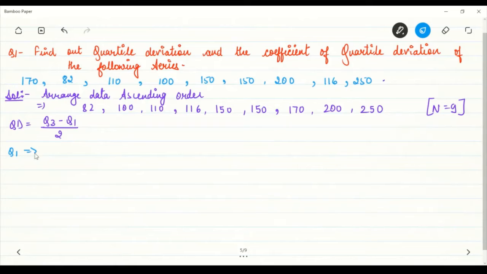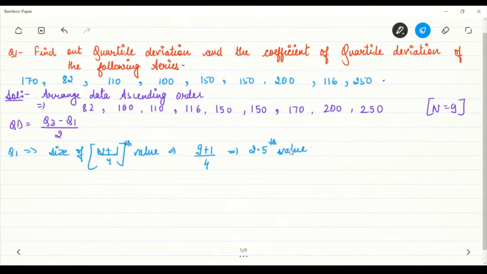It is the size of (n plus 1) by 4th item or value. Let us place the value of n in this. We get (9 plus 1) by 4, that is the size of the 2.5th item, or value.